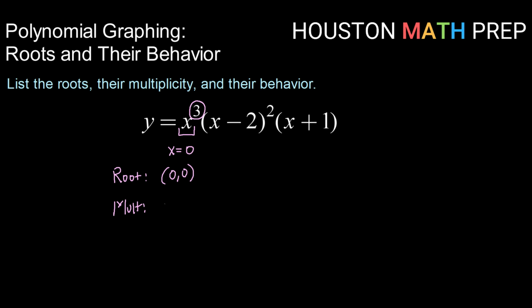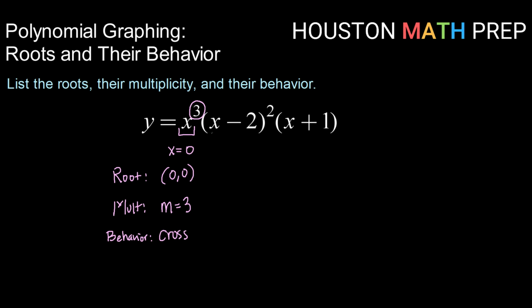In this case, we have a multiplicity of 3, since it's x to the third power. And then for the behavior associated with that, we look at, is that multiplicity even or odd? For odd multiplicity, that gives us a behavior of crossing through the x-axis at our root.